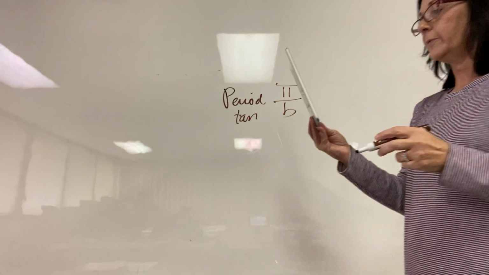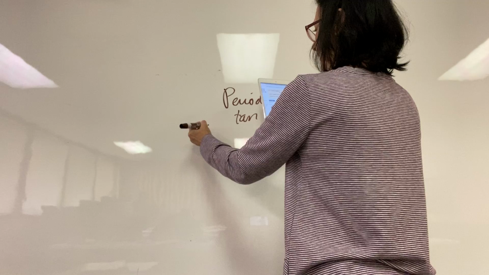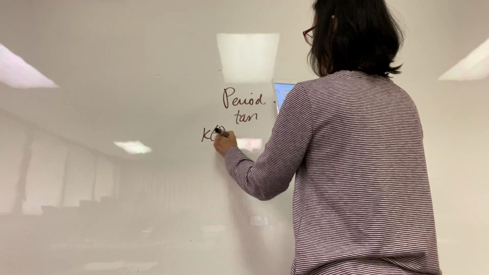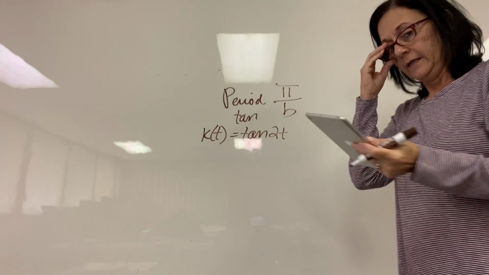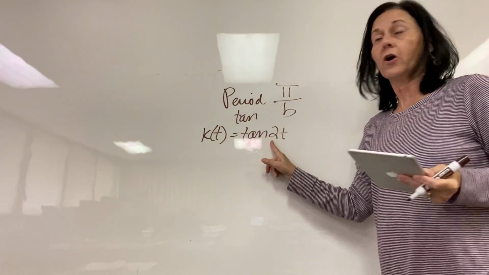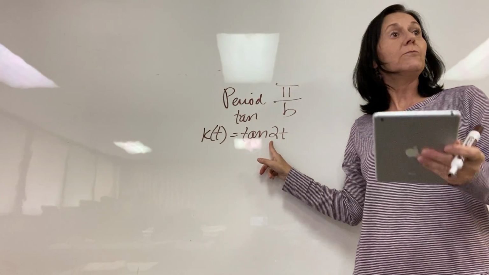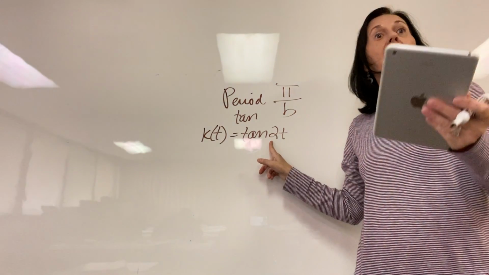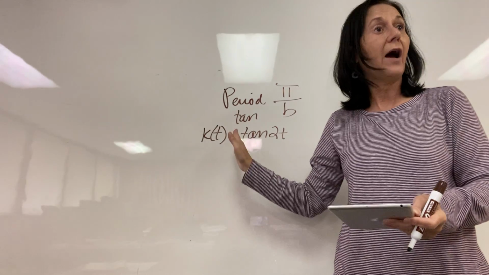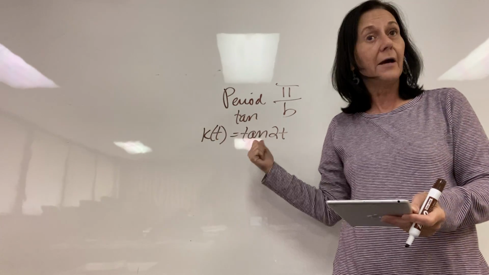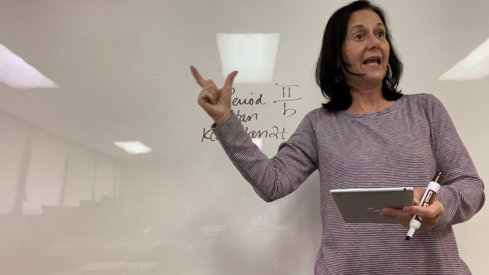All right, so in example 2, if we have f of t equals the tan of 2t, this tells me there are going to be 2 complete waves of the tangent curve between negative pi over 2 and pi over 2. That's how many cycles we're going to have in its standard period.